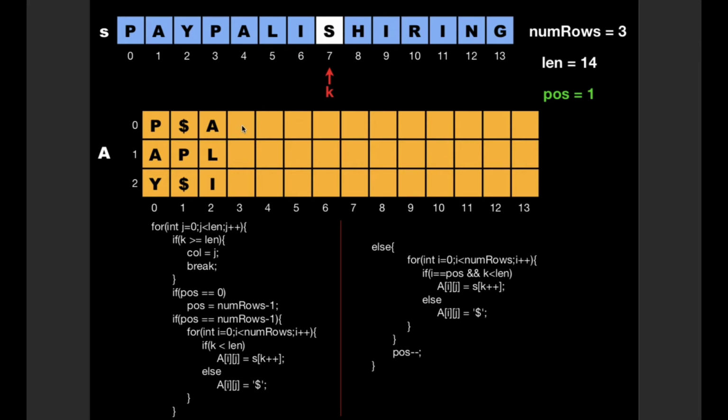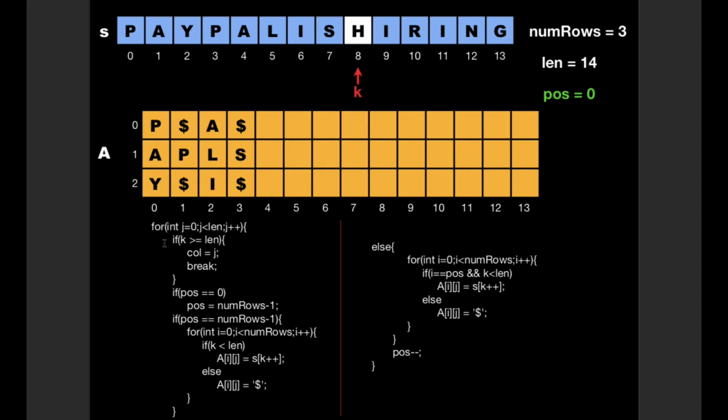So for the zeroth row a dollar character is inserted, for the first row s is inserted, and for the second row again a dollar is inserted. Now we again decrement the value of position.